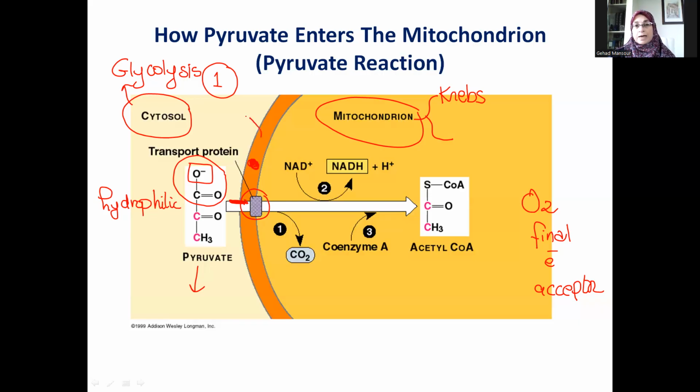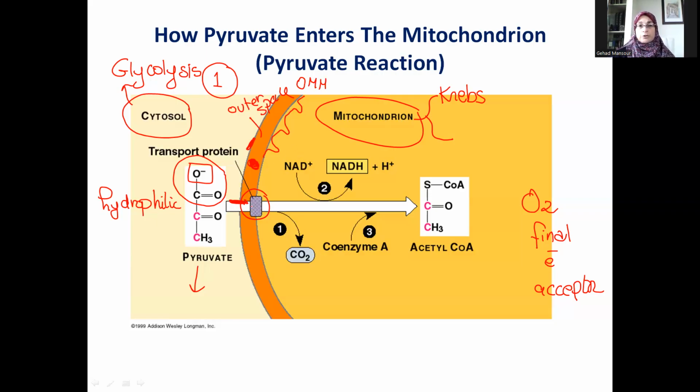So when we say outer mitochondrial space, we mean the space between the outer mitochondrial membrane and the inner mitochondrial membrane. It's a bit confusing because we say outer space, but the outer mitochondrial space is the space between the two, and we refer to it as OMM.